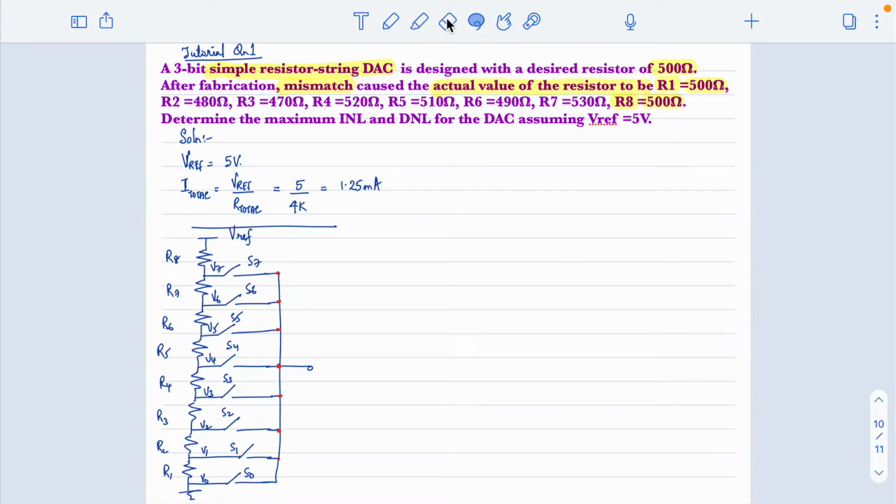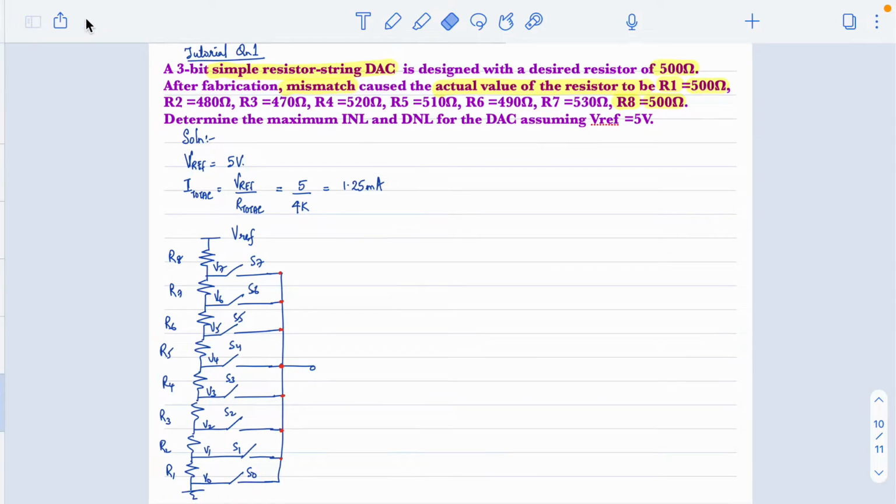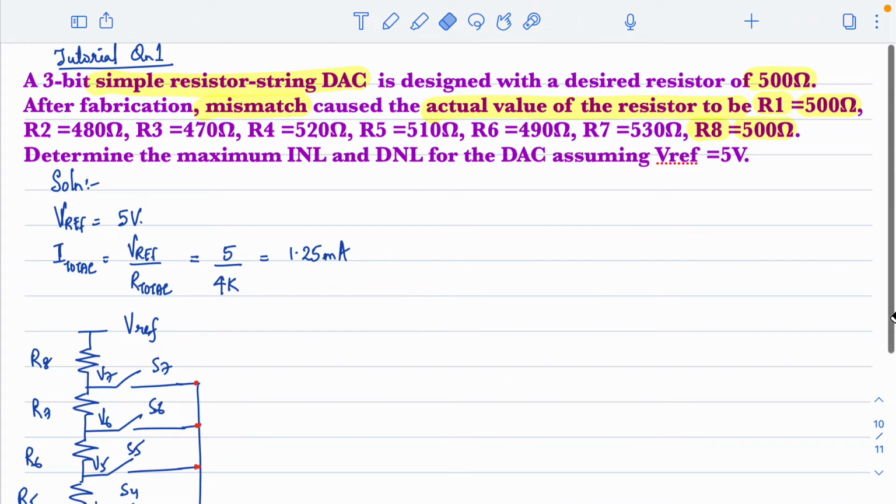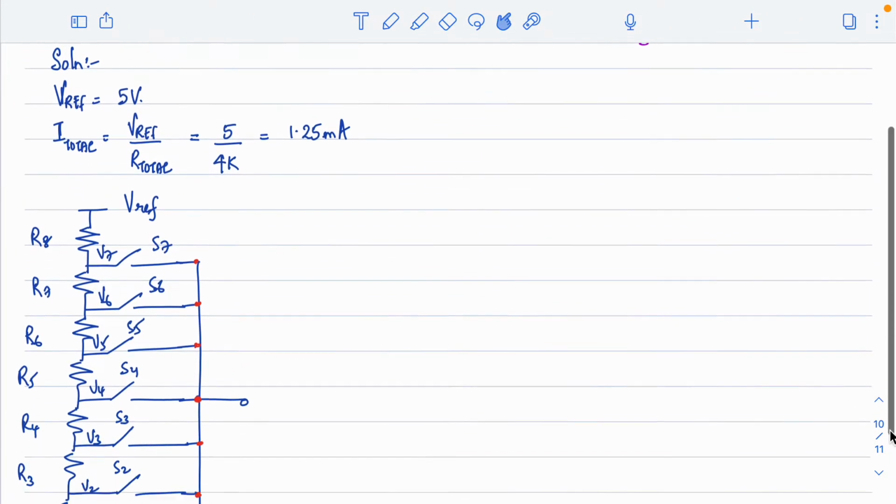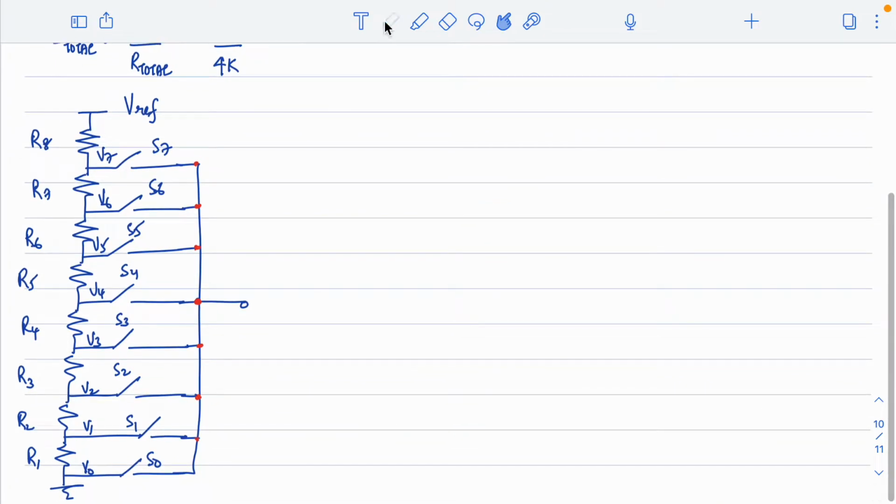We have the circuit here. Now we'll find the output voltage, right?